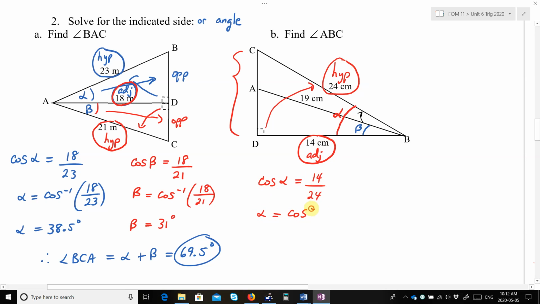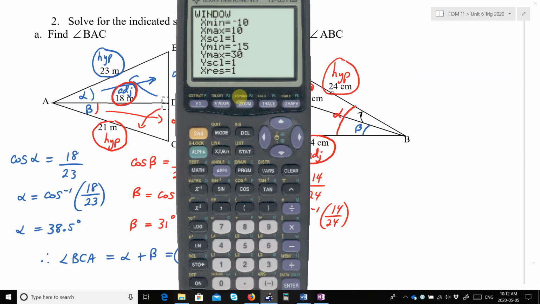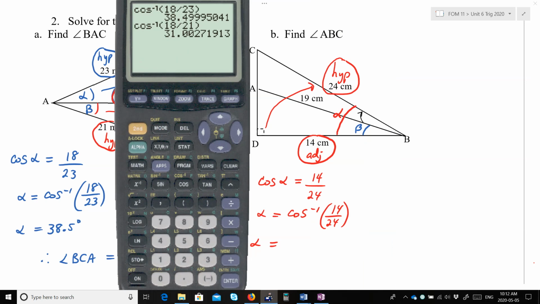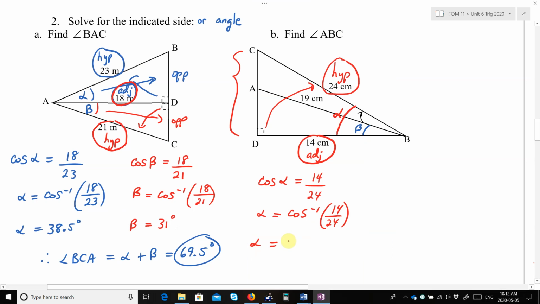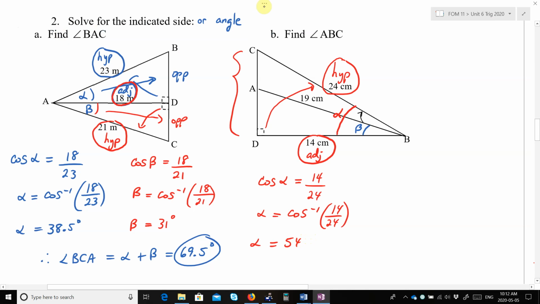So alpha is cos inverse of 14 over 24. Shift cos 14 over 24, and we get 54.3 degrees.